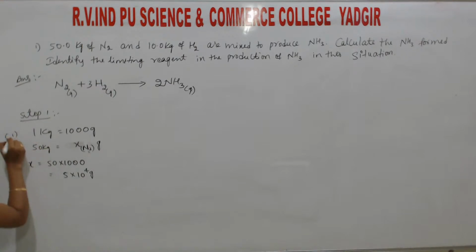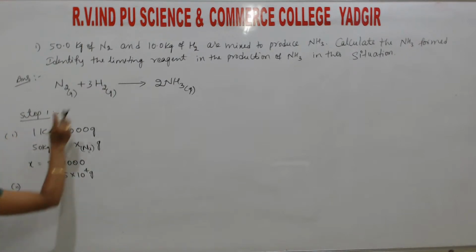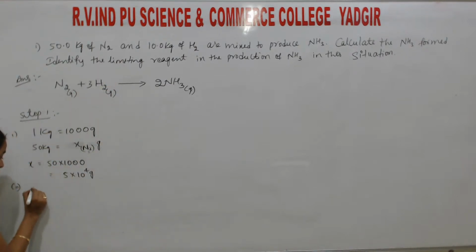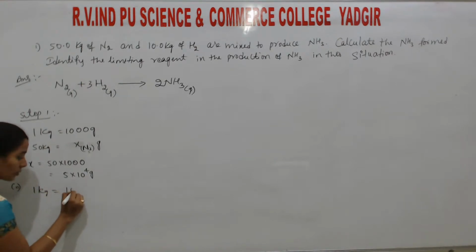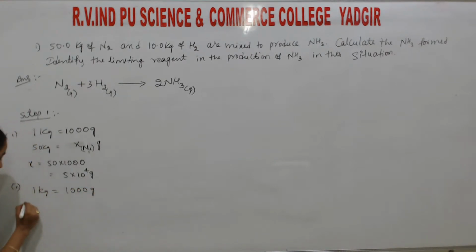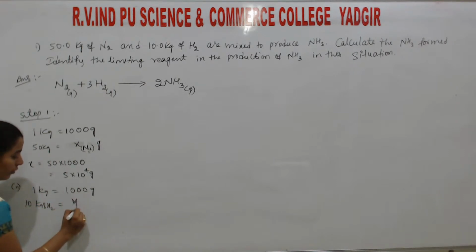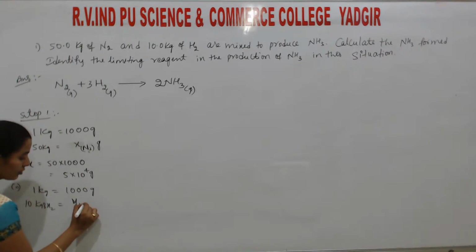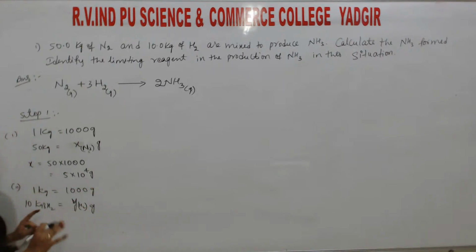Similarly, convert H2. 1 kg is equal to 1000 gram. 10 kg of H2 is equal to y gram of H2.